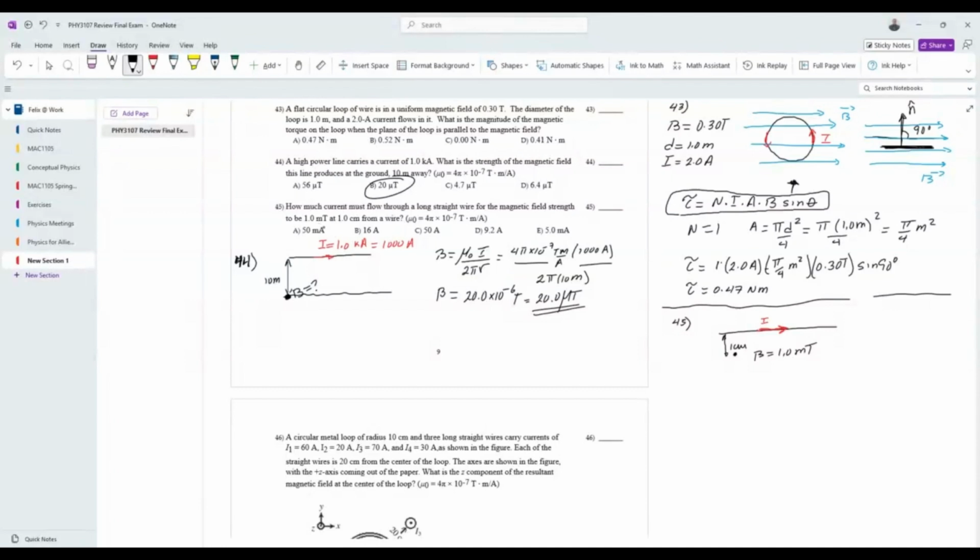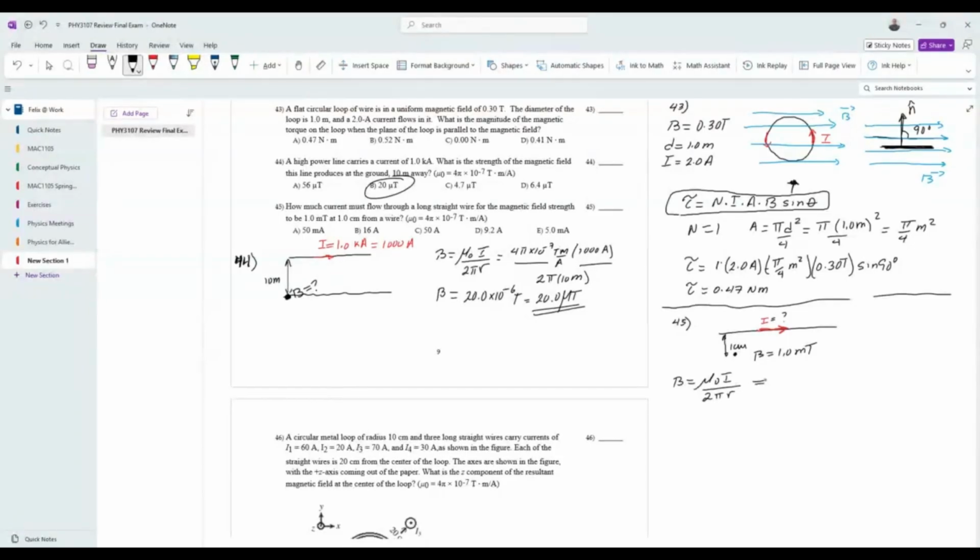The lowercase m is milli. So what we have to do here is find I. I is the unknown. We know that the intensity of the field is mu sub 0 I over 2 pi r.